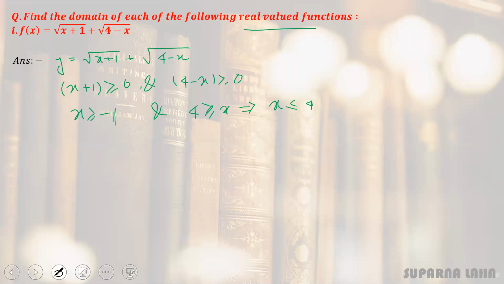So we will find the domain of the function as x such that x belongs to the set of real numbers, and most importantly from minus 1 to 4. This is the domain. Okay, so moving to the next one.